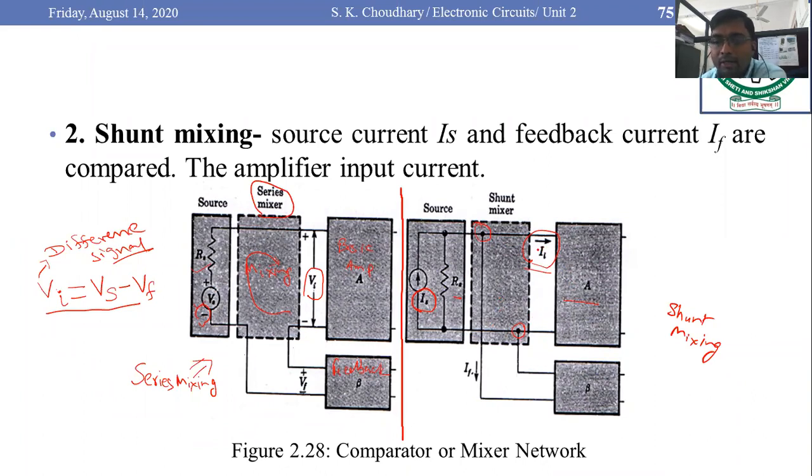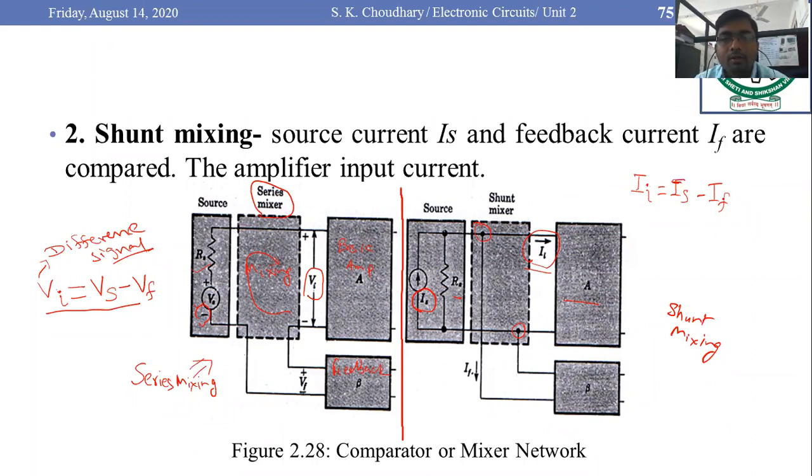So II is what? Basically here II is equal to again a difference of IS minus IF. This diagram shows one example of negative feedback. That's why you have seen this subtraction sign.